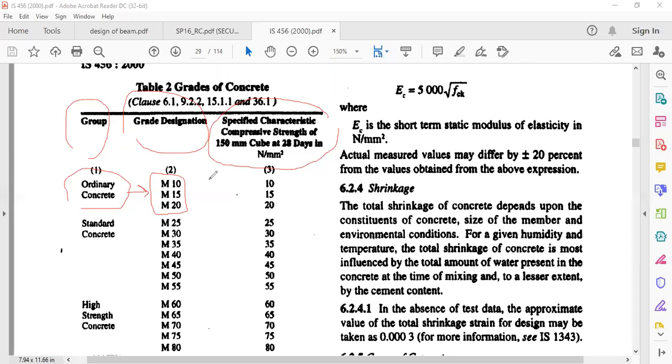And what does this mean, M10? It has a characteristic strength of 10 Newton per mm square.